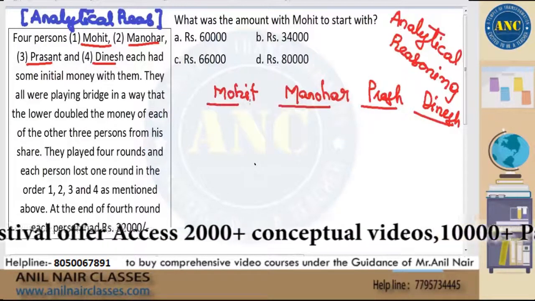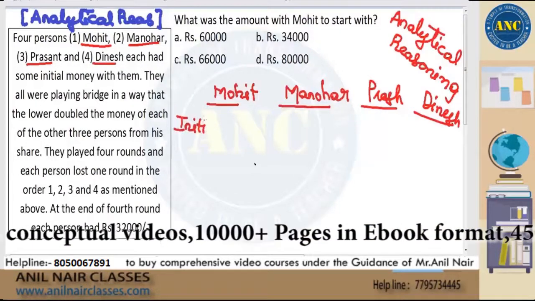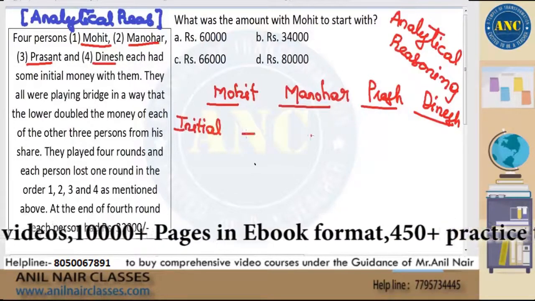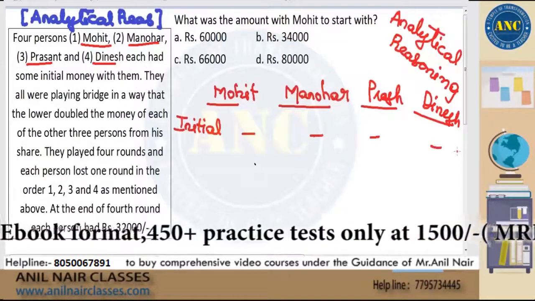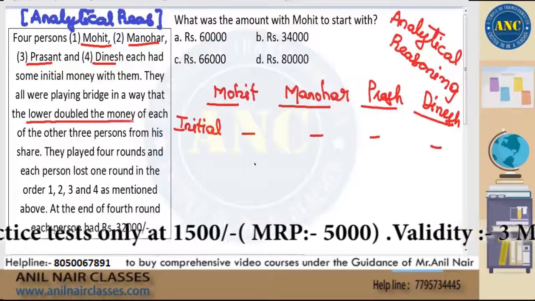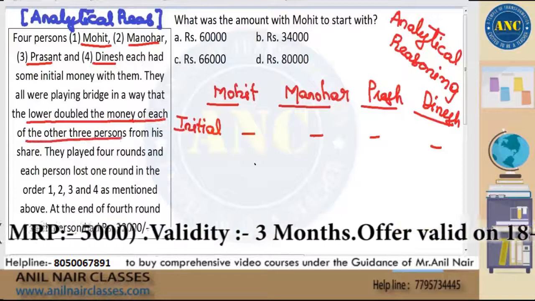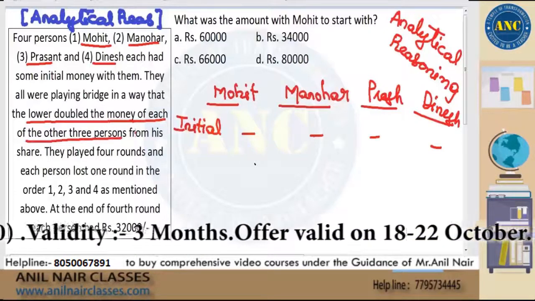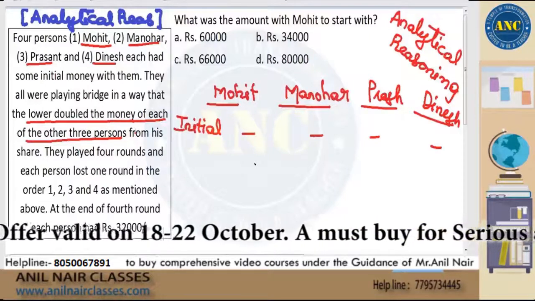The 4 people each had some initial money with them. They were all playing bridge in such a way that the loser doubled the money of each of the other 3 persons from his share.